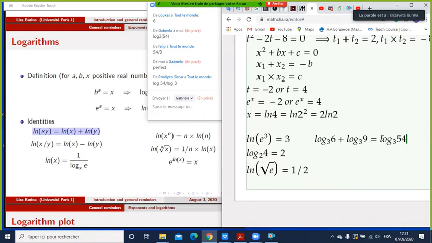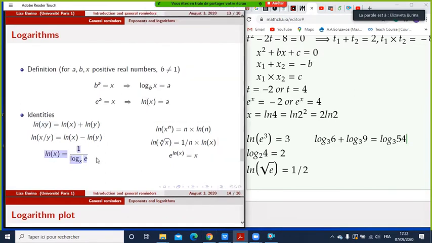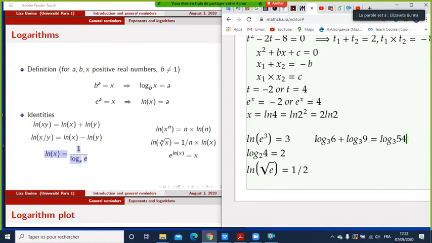It's like using the identity but inverse. Yes, the last one, if you go this way, extra. But well, what I wanted is just this. Okay, cool.